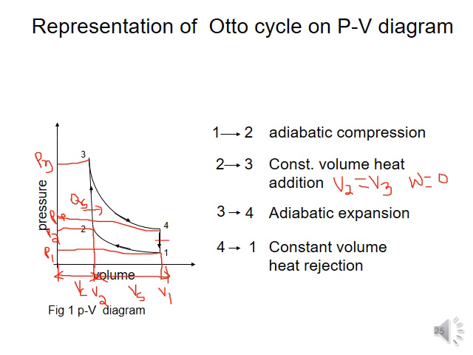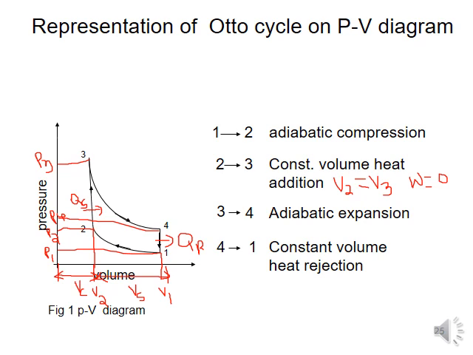Heat rejected is QR. In the constant volume heat rejection process 4 to 1, heat is rejected from the air to the cold body, which is nothing but the sink.